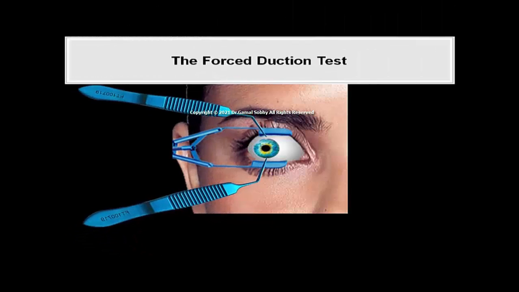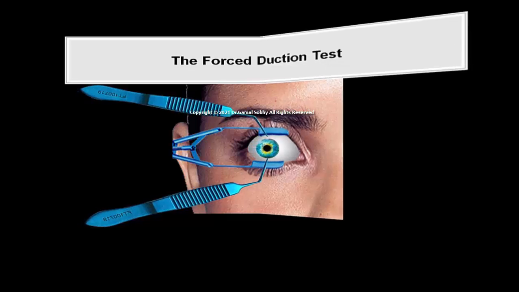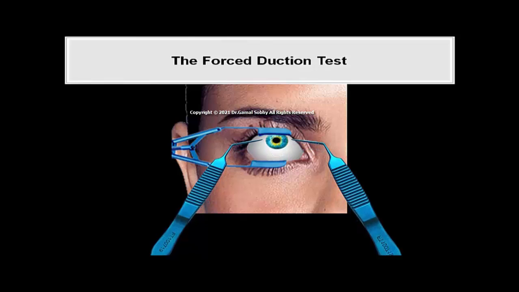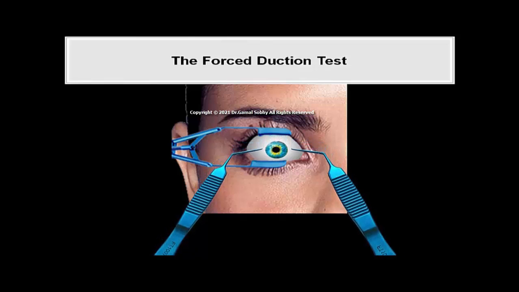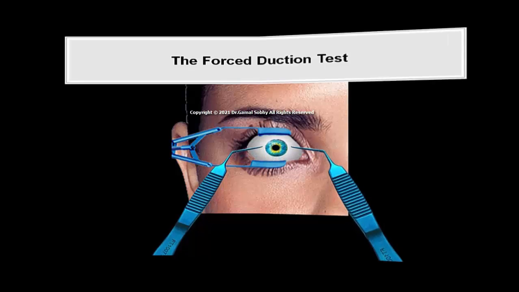To distinguish lateral rectus or medial rectus muscle paralysis from mechanical restriction, we apply the forceps at the 6 and 12 o'clock positions and move the eye into abduction and adduction. To distinguish superior rectus or inferior rectus muscle paralysis from mechanical restriction, we apply the forceps at the 3 and 9 o'clock positions and move the eye into elevation and depression.